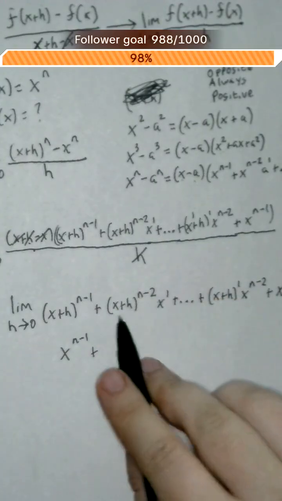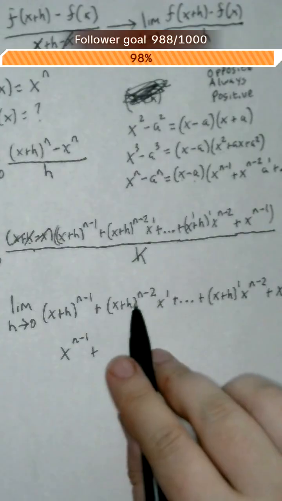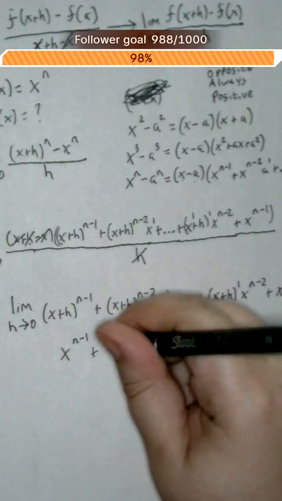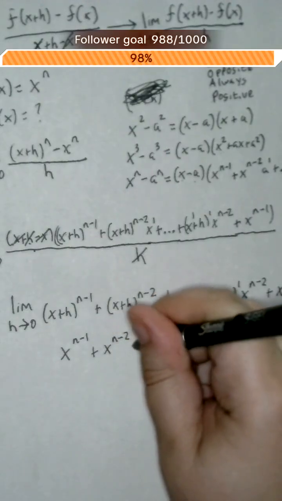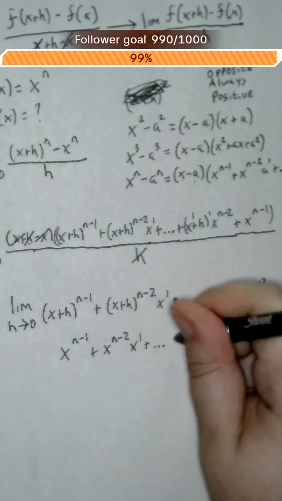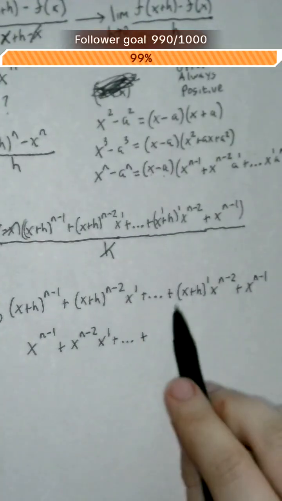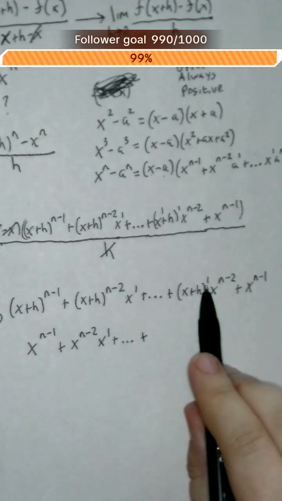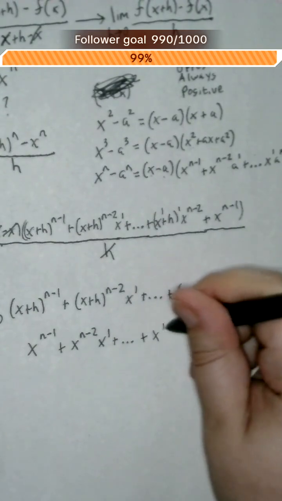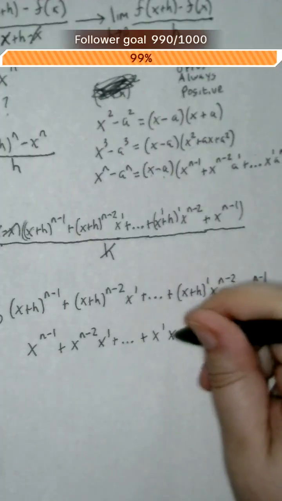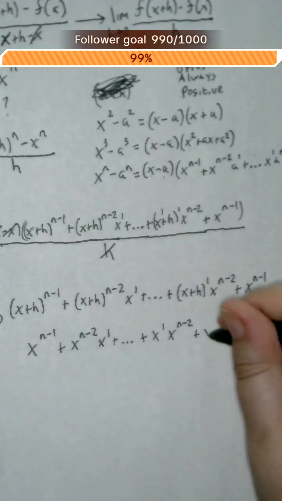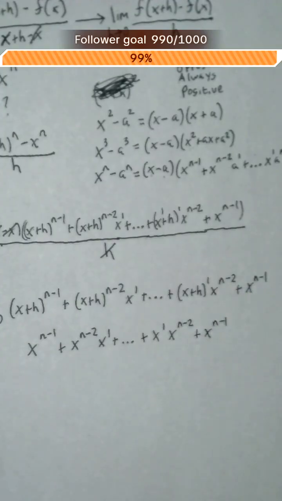Plus x plus 0 to the n minus 2, so that's x to the n minus 2 times x to the first, plus dot dot dot, plus x plus 0 to the first, which is x to the first times x to the n minus 2, and then plus x to the n minus 1.